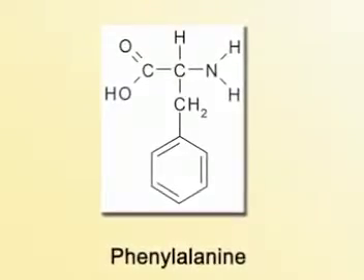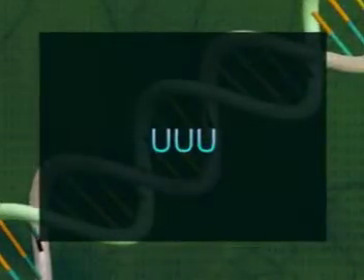It was therefore immediately concluded that the triplet U coded the amino acid phenylalanine.